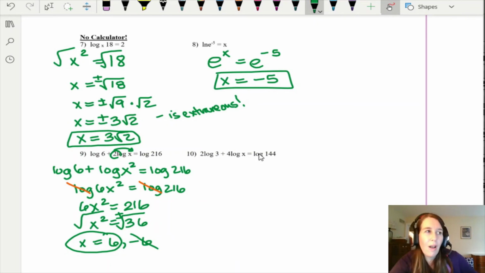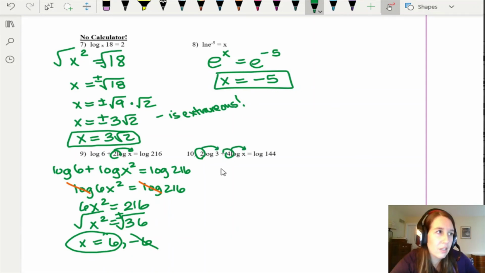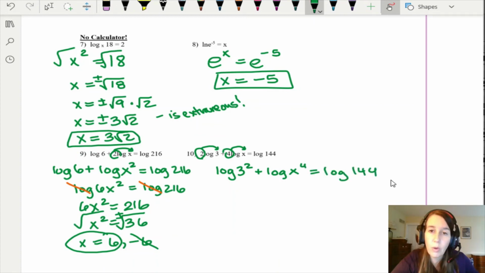All right, and then one last problem, very similar to number 9. We're going to take that power rule first and do that twice. So that's log of 3 squared plus log of x to the fourth is equal to log of 144.